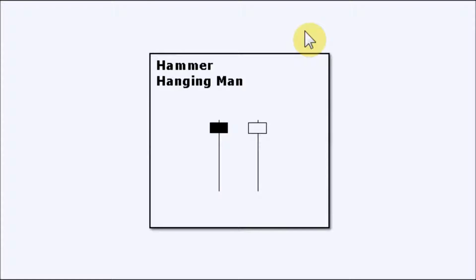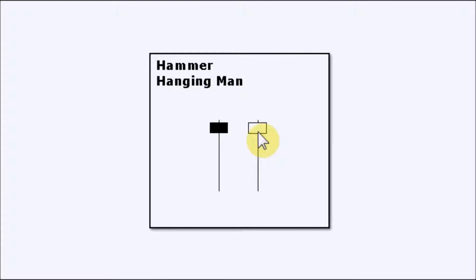One of the next most common types of candlesticks is the hammer and the hanging man. Now, the hammer is a bullish signal that is usually found after a long downtrend. When you see a hammer at a bottom, especially surrounded by a couple of dojis, that could really mean that a bottom is put in.